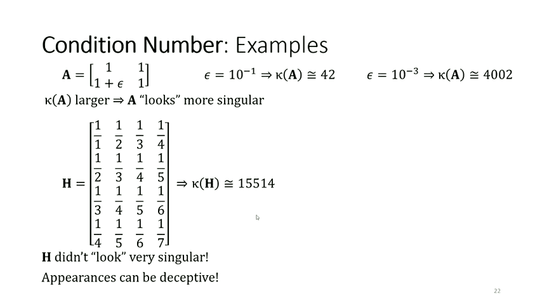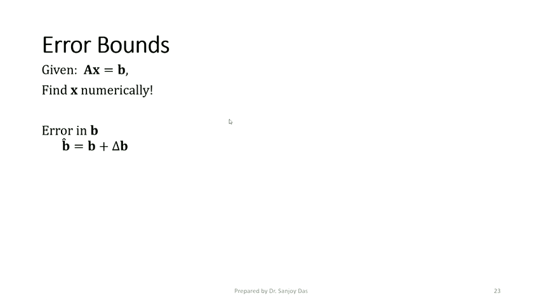Now let's see how condition numbers affect our solutions to linear equations. So we are given this matrix A, this vector B, and we have to solve for x. Now, let's suppose either due to experimental error or round off error while storing in the computer, B gets rounded off, or an error in B is introduced.